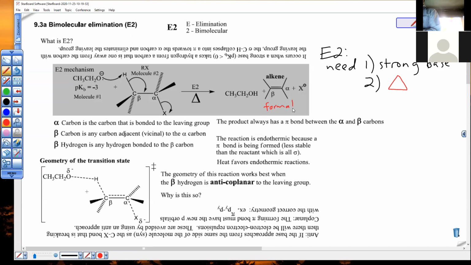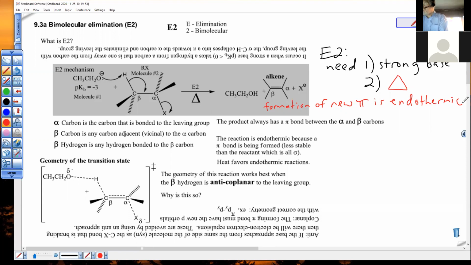Formation of new pi is endothermic. Pi is less stable than sigma. So processes that require making molecules that are less stable are generally endothermic. They will require heat. So we've got those two things.